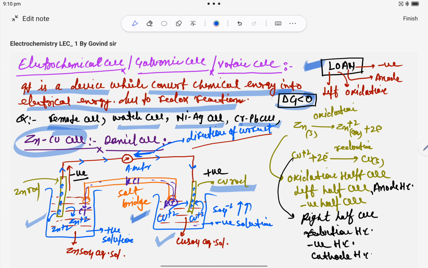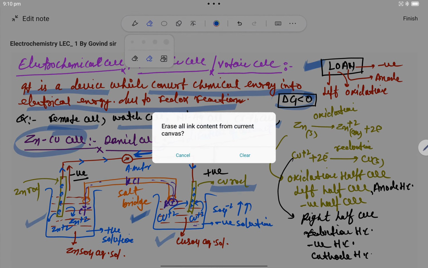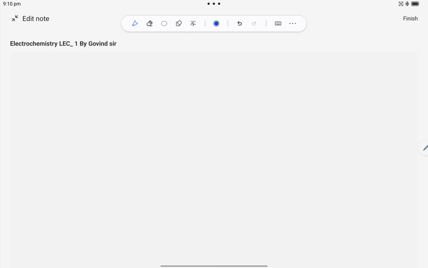Now I am erasing it. So here, some points are there, children.